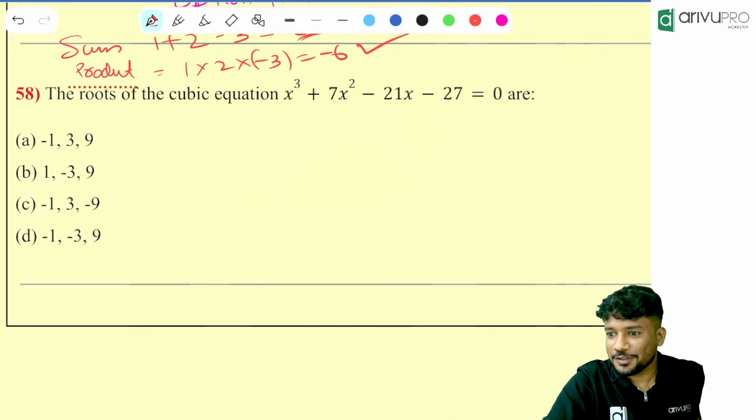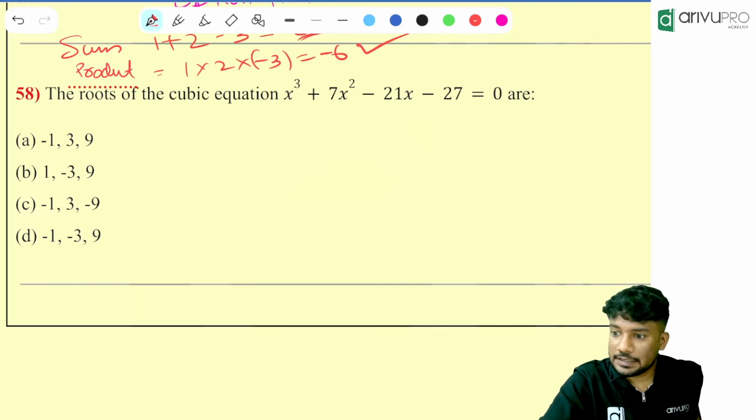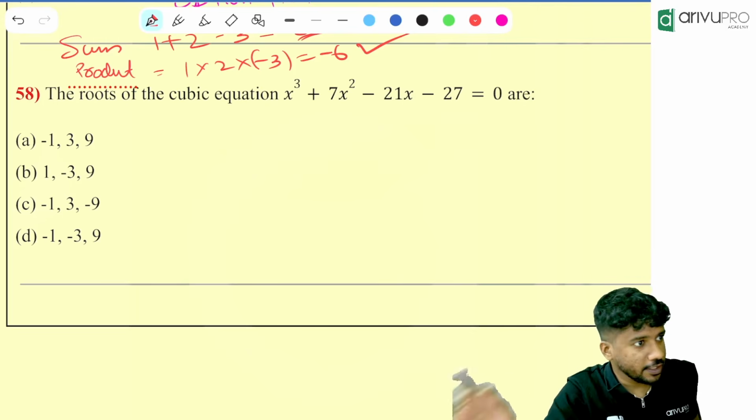C and B. Okay, two things are there. Check C. Okay, fine. Let's see whether C is correct or not. C. Yes. Final question. C. Good. Everyone, try.